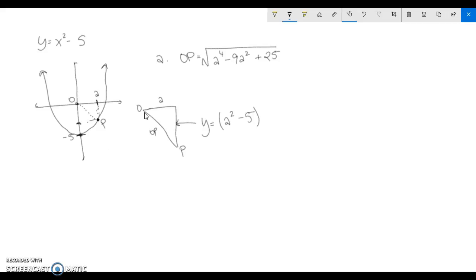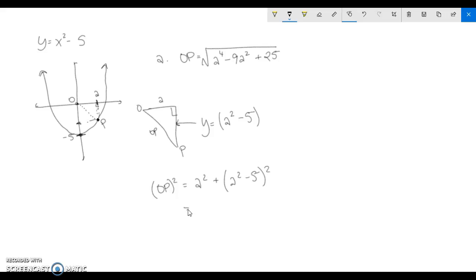Alright, so this is a right triangle right here, which means OP is the hypotenuse. So OP squared equals a squared plus our y value, a squared minus 5, squared.